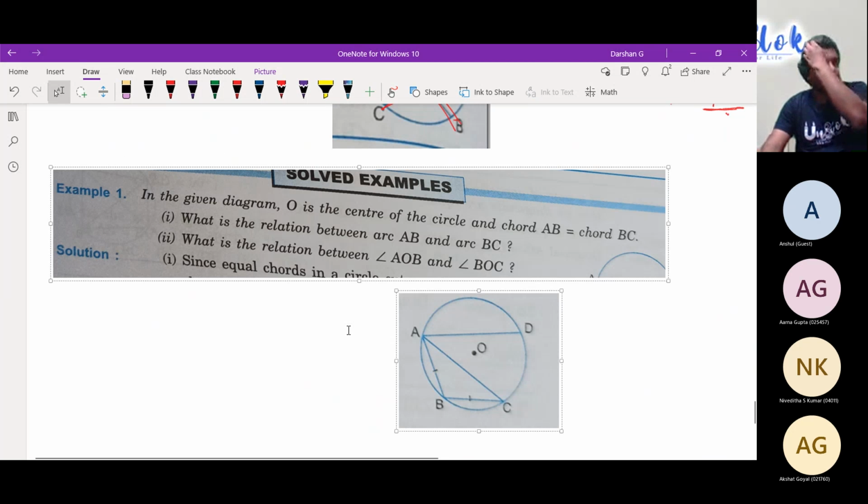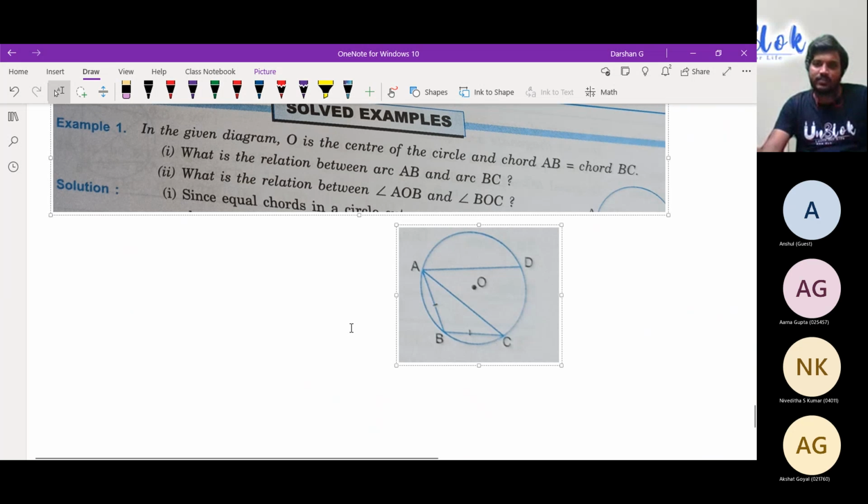Okay, first question. In the given figure, O is the center of the circle. AB is equal to BC. You have to find the relationship between arc AB and arc BC. You have to give reasons as well. The relationship also you have to find.